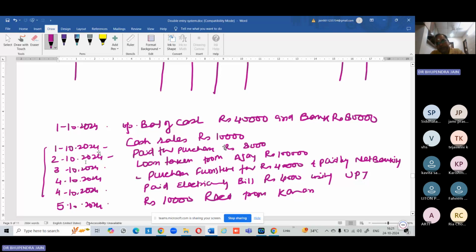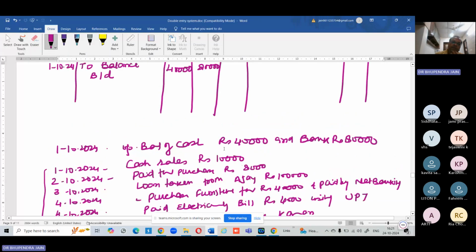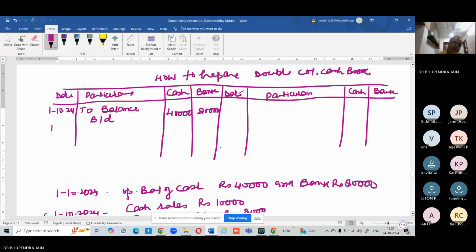At the time of sale, you are receiving the cash. So where will cash be written, beta? On the debit side, on 1st October 2024, with the opposite side name, and the opposite side name is sales.